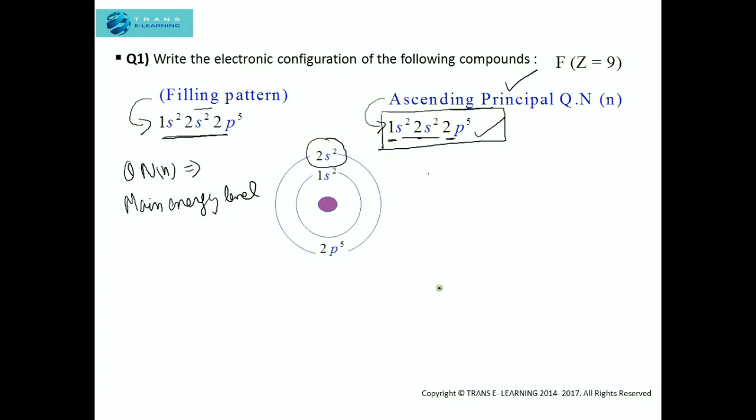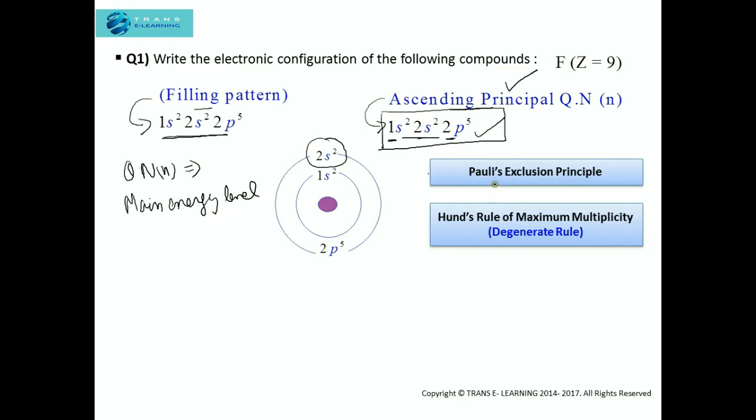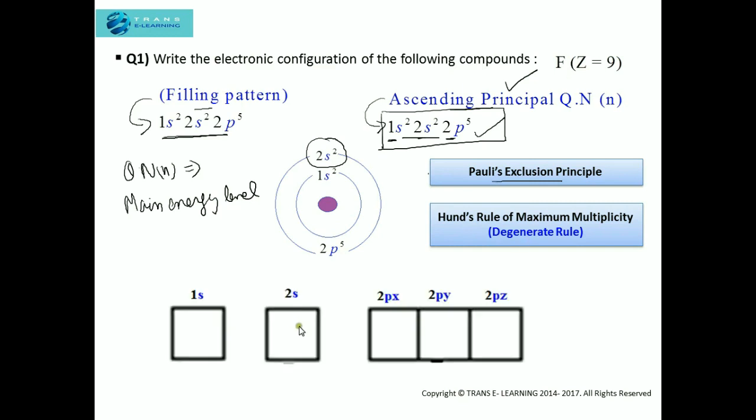Now it's time to write the electronic configuration in terms of electronic distribution. For that, we have to consider 2 more principles: Pauli's exclusion principle and Hund's rule of maximum multiplicity, that is the degenerate rule. So how will we distribute the electrons in the various orbitals? First of all, we have 1s2. That means we have 2 electrons. While denoting the electrons, we will use an arrow.